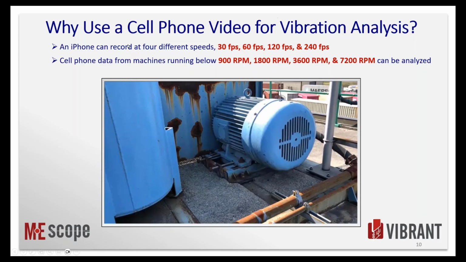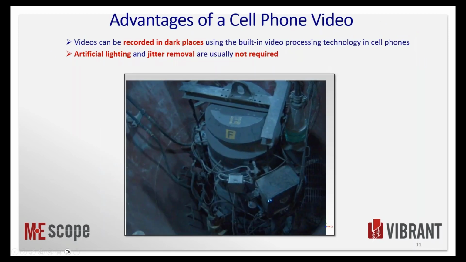So we'll see in the example that I am going to go through in a few minutes that the machine is running at over 900 RPM. It's actually running at 1450 RPM that I took the video on. But that running speed, we call it an order, a peak in the data, actually shows up exactly where it should because it's aliased around the 900 RPM. We'll get into that in a minute.